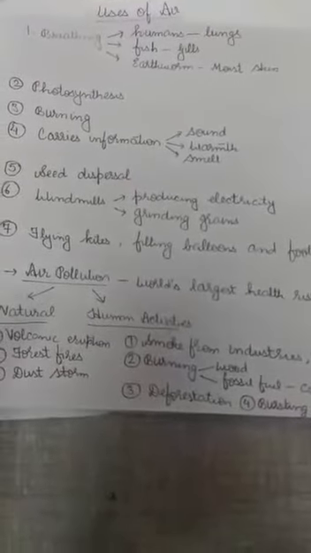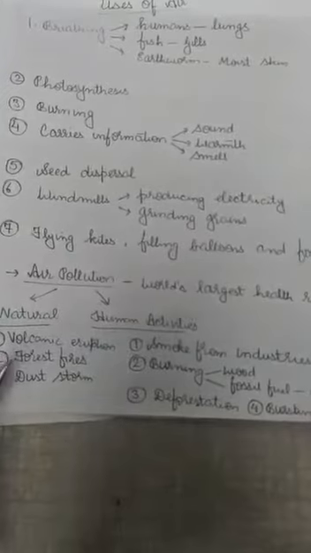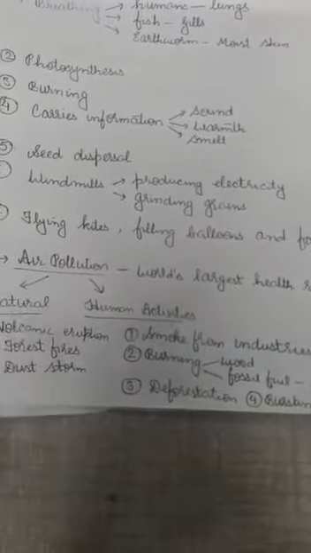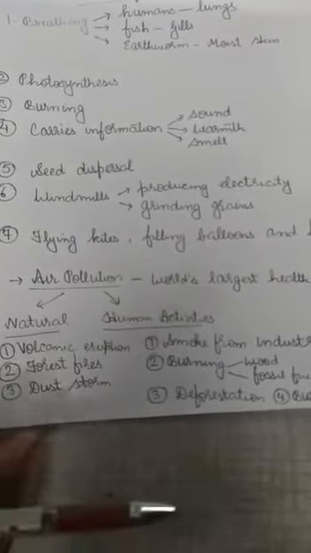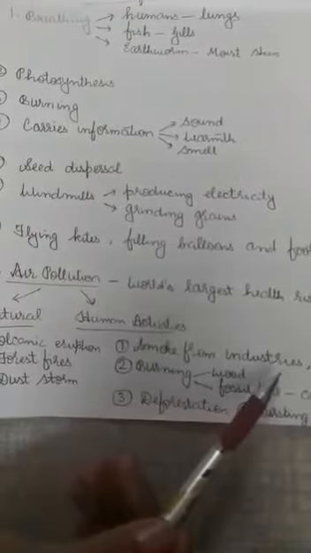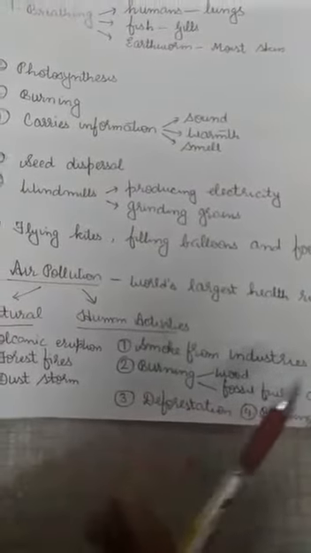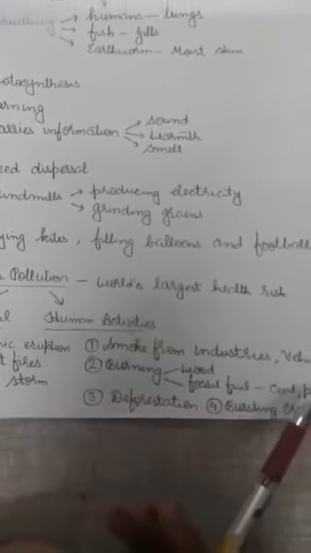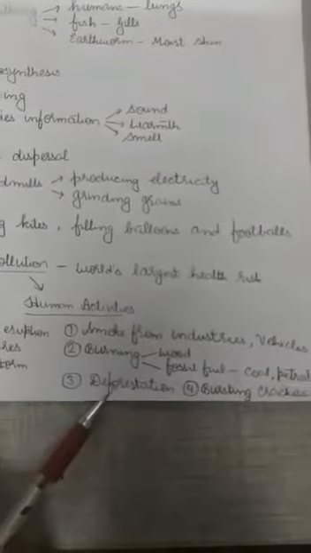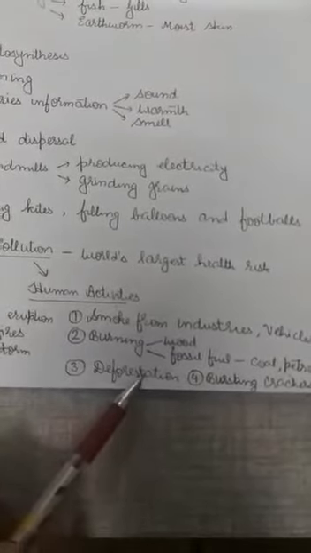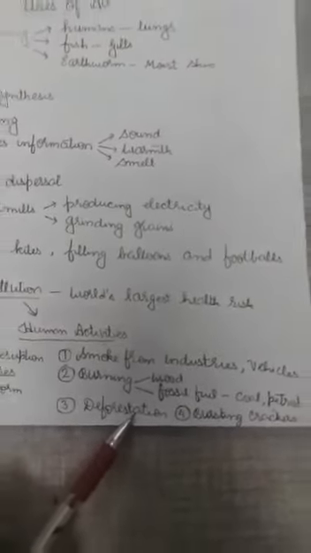Natural sources include volcanic eruptions, forest fires, dust storms. We don't have control over these, but at least we can control our human activities like smoke from the industries, from the vehicles, burning of wood, fossil fuels like coal and petrol, and deforestation. Deforestation means cutting down of trees. Human beings, for their greed, are cutting down forests for making a number of things.